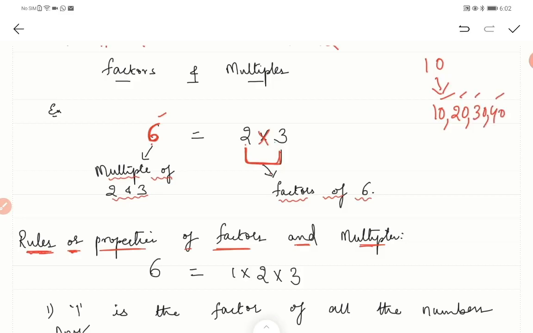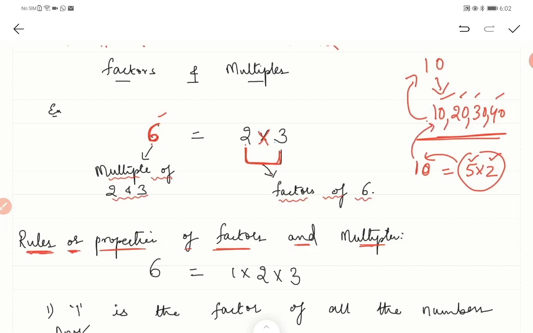So all these are called multiples of 10. Factors, what do we mean by factor? This 10, you can write it as 5 2s are 10, isn't it? So these two are factors of 10, and multiples of 10 would be this.